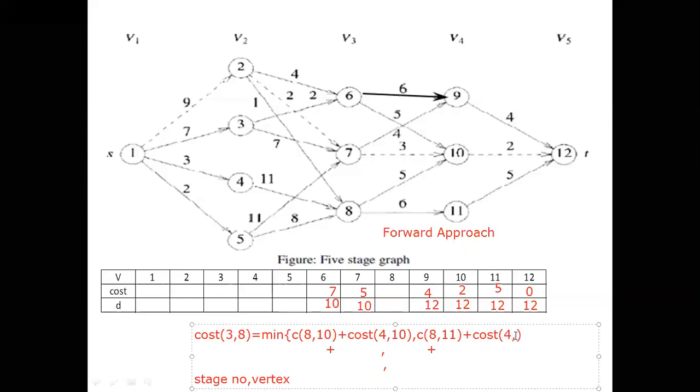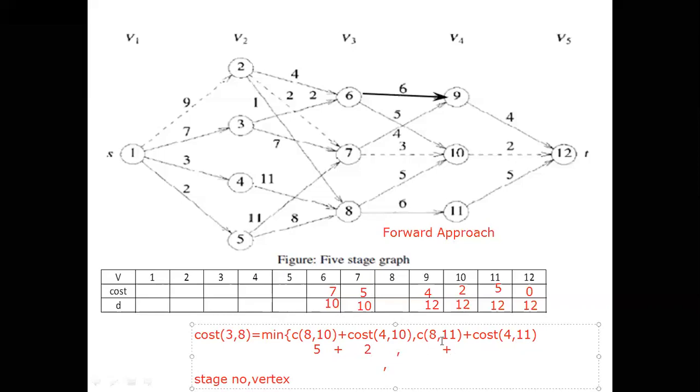Correct? Yes. 4, 11. Now we have to take the value 8, 10. What is that row value? 8 to 10. It is 5. We have to write here as 5. Cost of 4, 10. What is the 10 value? It is 2.